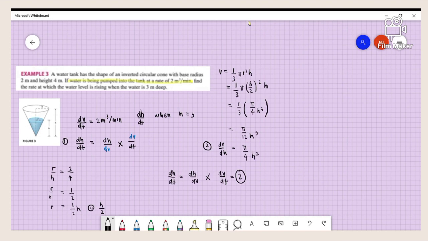So we just need to focus on dh over dV. But we don't have the value of dh over dV; we have dV over dh. So what we need to do is just invert the fraction, so it will become like this.